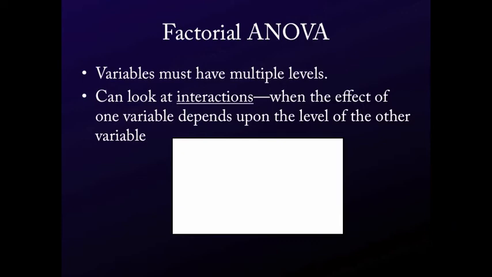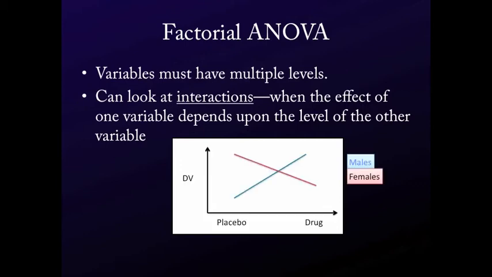Now, graphically, it's helpful to think of this as basically when the lines cross on the graph. So you'll see here in the example I have on the slides that for some made-up experiment here, males with placebo are lower on our dependent variable than males who have been given our drug. However, you'll notice that females show exactly the opposite pattern.